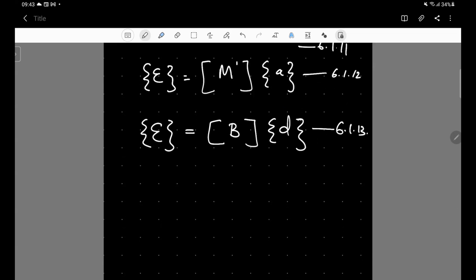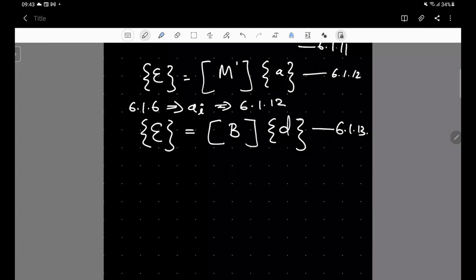So what we have done is we have substituted equation 6.1.6 and found the A values, and used the corresponding coefficients in equation 6.1.12.